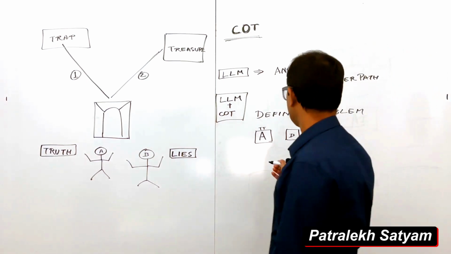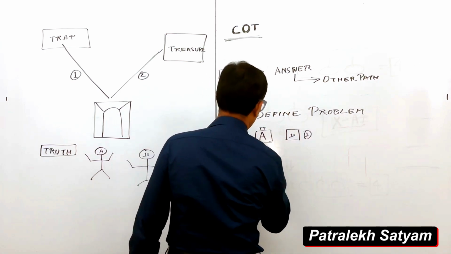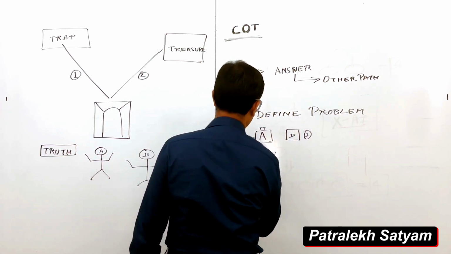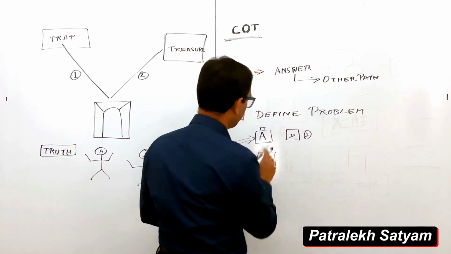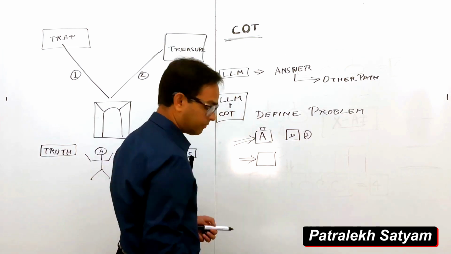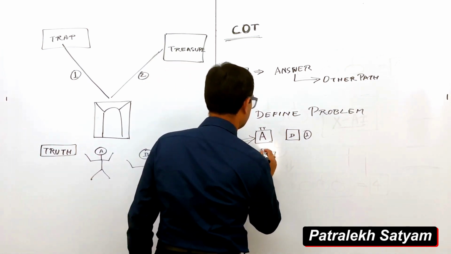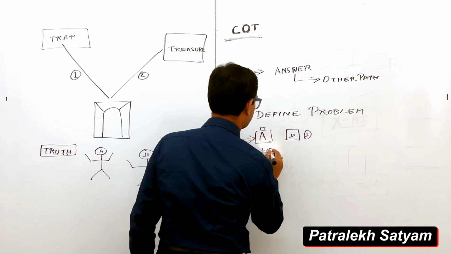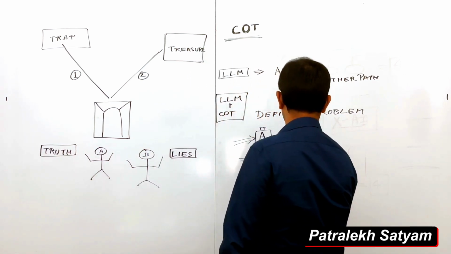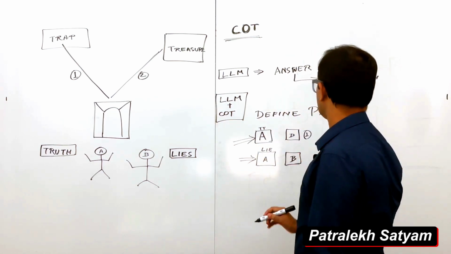Now, in this case, I was going to A. If I went to B, or let's just invert this, if A is the liar, and I go and ask this guy, what would B tell me to do?